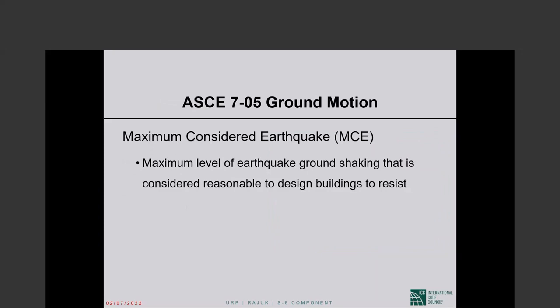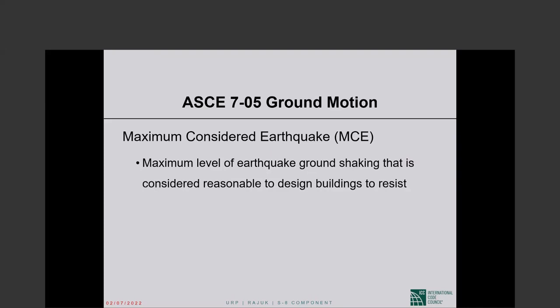Now, the maximum considered earthquake. This is defined in the NEHRP provisions. I think I have mentioned those National Earthquake Hazards Reduction Program provisions, which act as a resource document for ASCE 7 and the model codes.